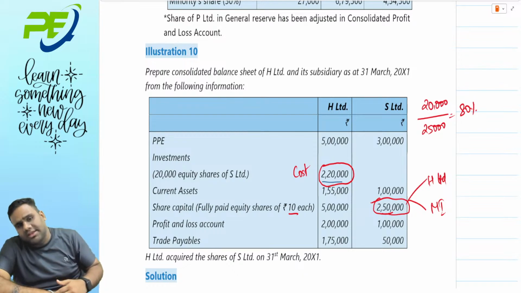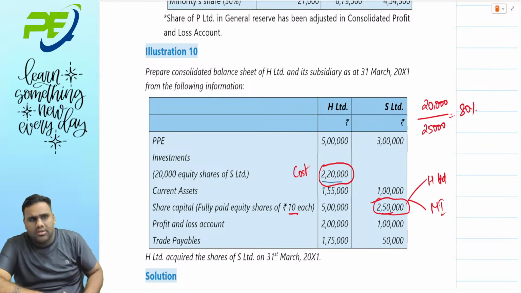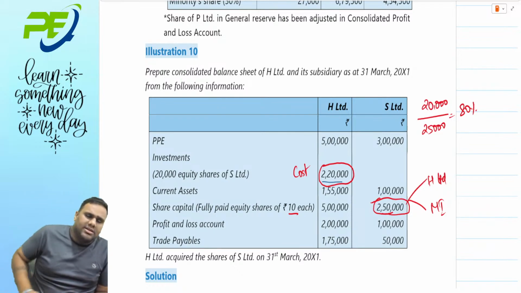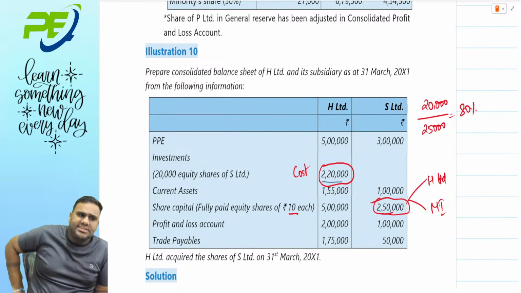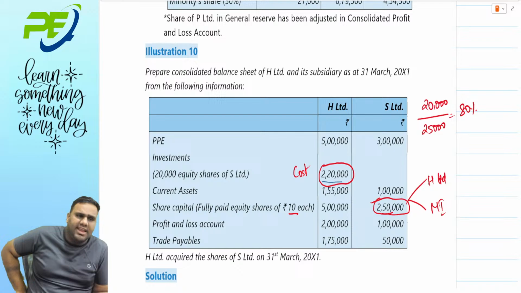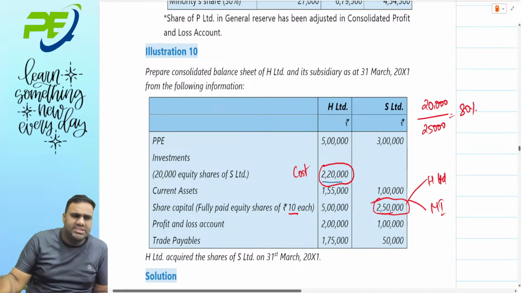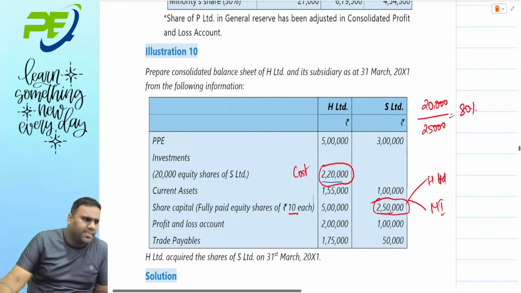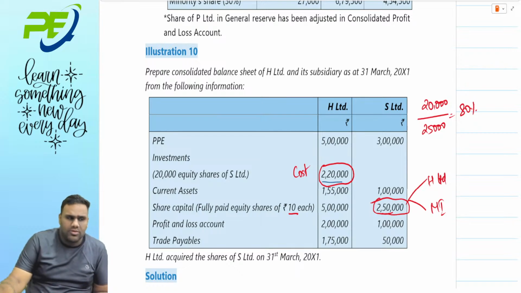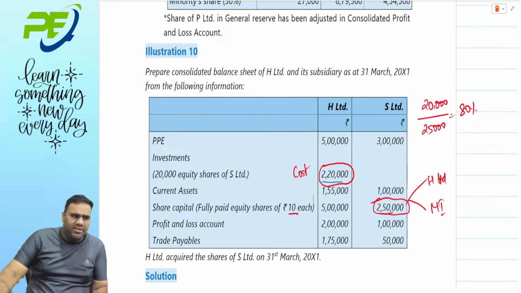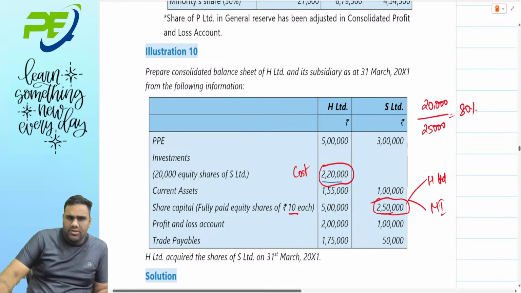Subsidiary company share capital will be adjusted in cost of control, and minority share will be shown separately. Be there in your summary notes. Let me complete the problem.